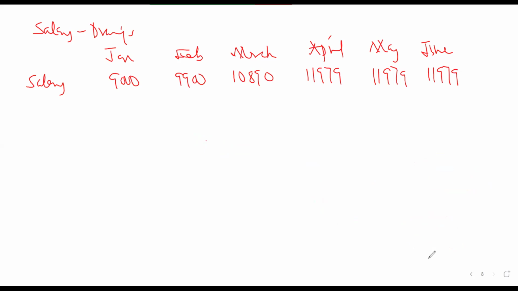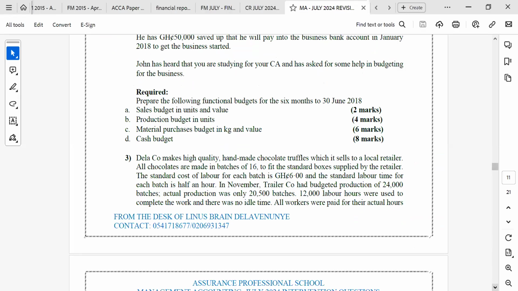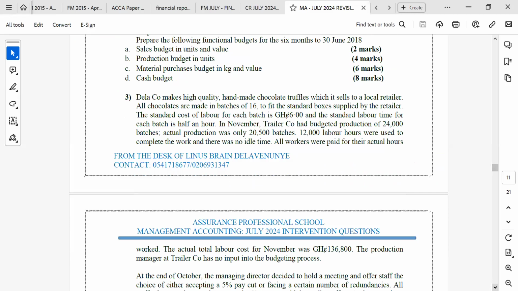You can't compare someone that is working for 2,000 hours with someone that is working for 1,500 hours. You have to bring the 2,000 hours worker to 1,500 hours before you can compare. They are using two different bases. That is what we are going to be looking at under the variance. Okay, let's look at question number 3 and see how we can go about that.